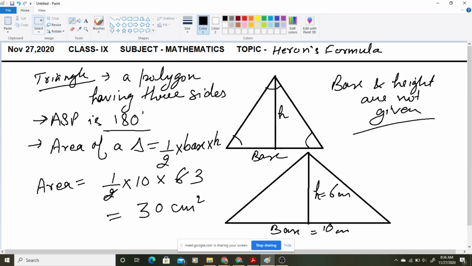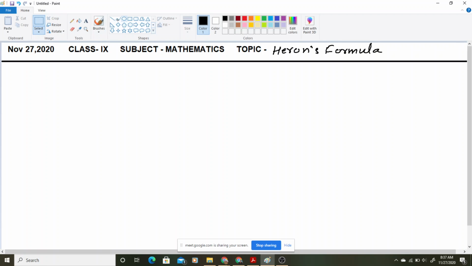Suppose, for an example, just think, at your home there is a kind of tile. Okay, suppose you are having at your home this kind of tile. Okay, these kind of tiles are there on your floor, triangular shape. And you need to find the area of this one. तुम लोगों को इसका area find out करना है, that how much it is covering.